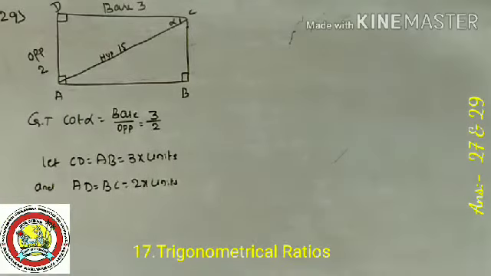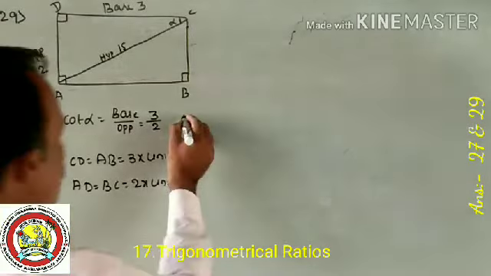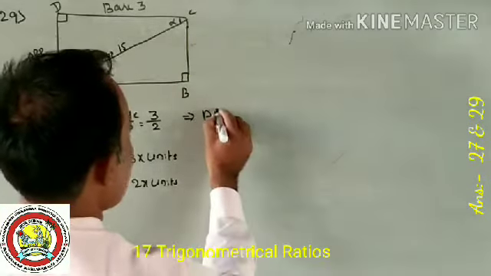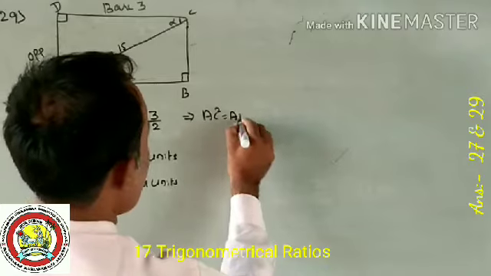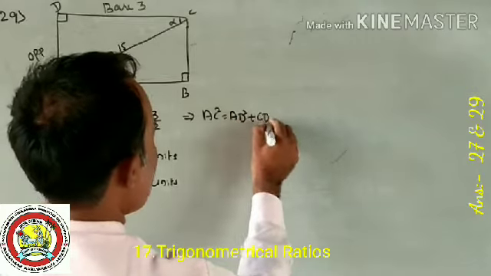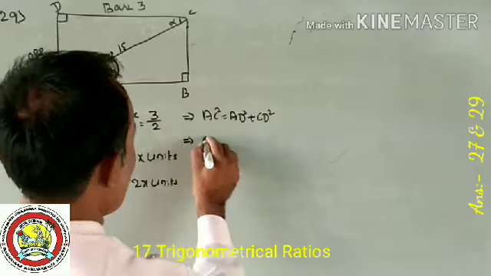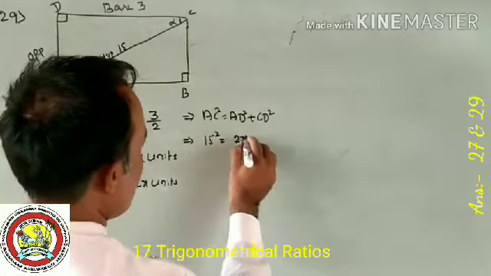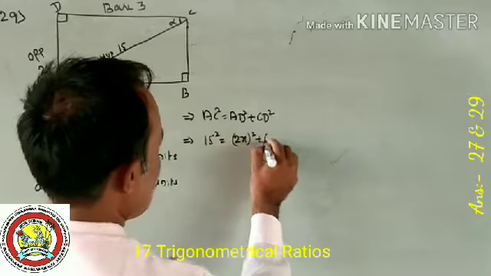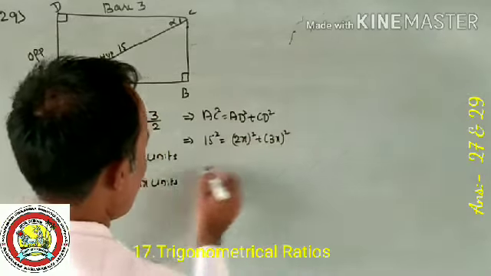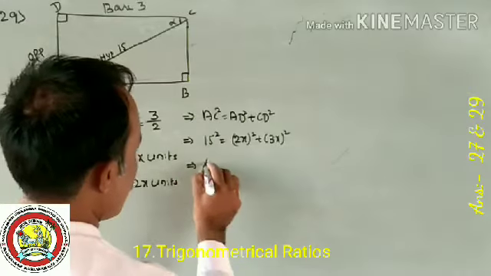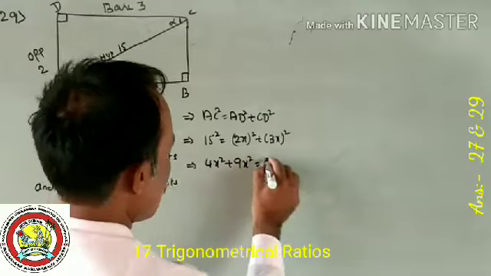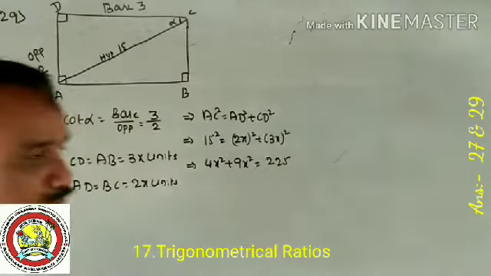Next you apply Pythagoras theorem. So this implies AC square is equal to AD square plus CD square. So AC square, that is 15 square. So the value of AD 2x whole square plus CD 3x whole square. So this implies 2x whole square means 4x square plus 9x square is equal to 225.